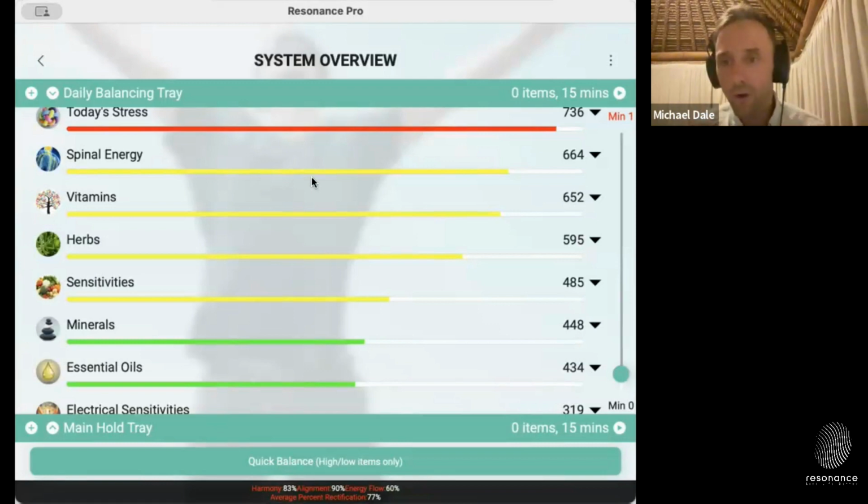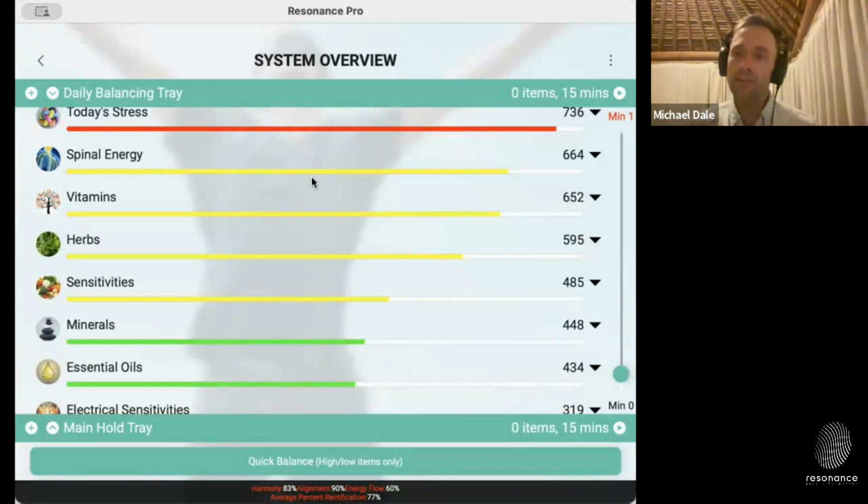What I find is that I tend to do 2 quick balances in a row. If my first quick balance doesn't yield a good closing in on the percentage rectifications, then I'm ready to go into the main specific diagnosis that I'm working with my client.